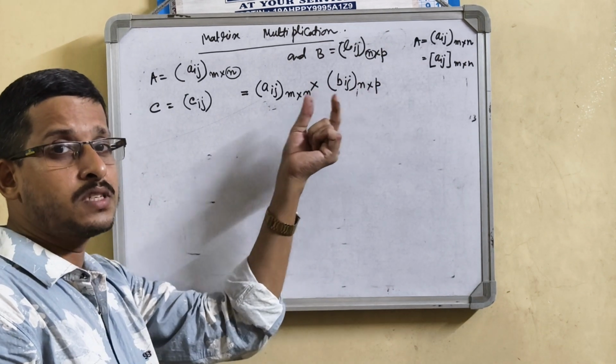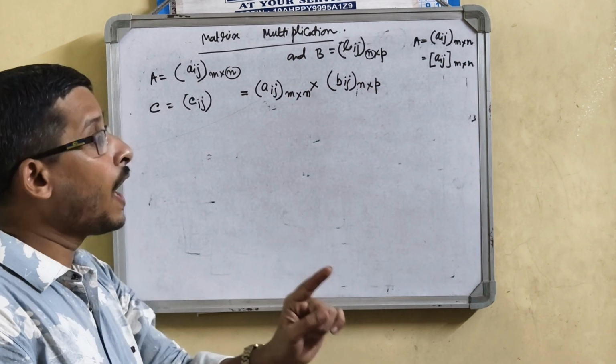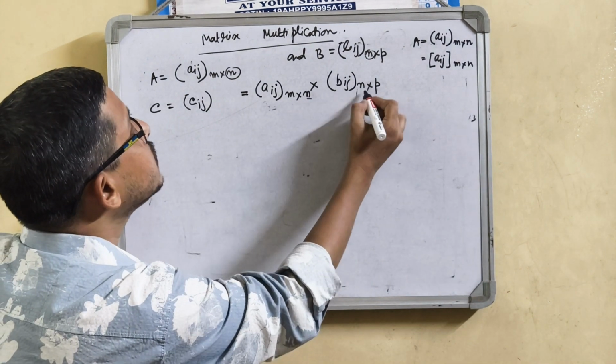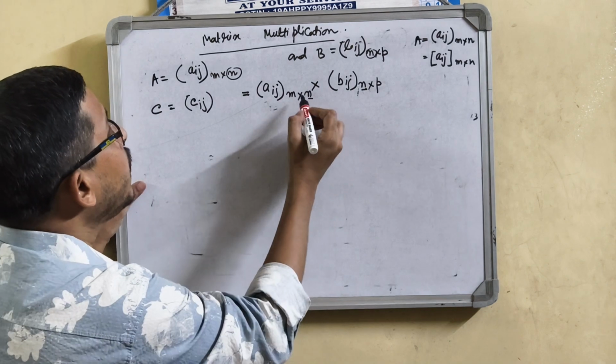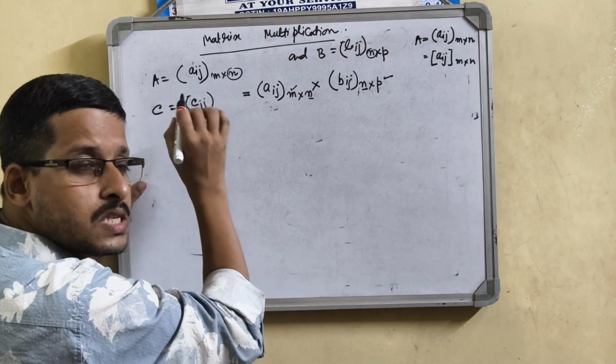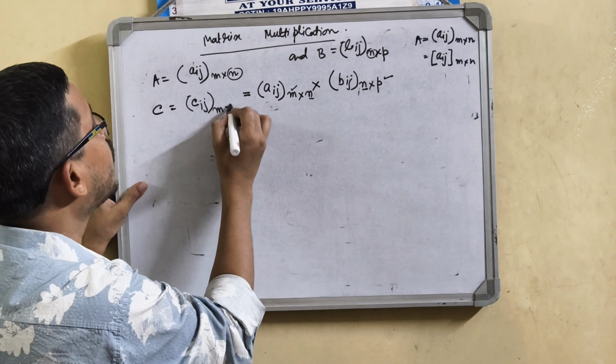Then the matrix multiplication between A and B will be possible, and the order of the resultant matrix will be: since this n and this n are the same, the remaining numbers are m and p. Here the order of the matrix C will be m by p.